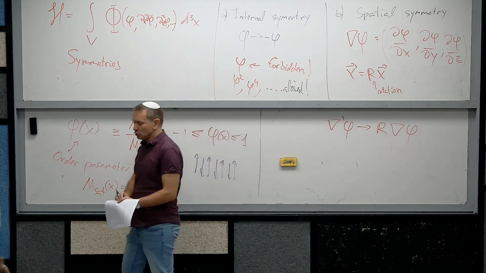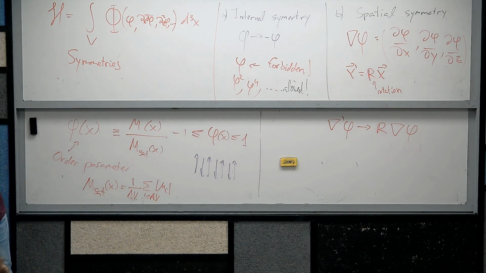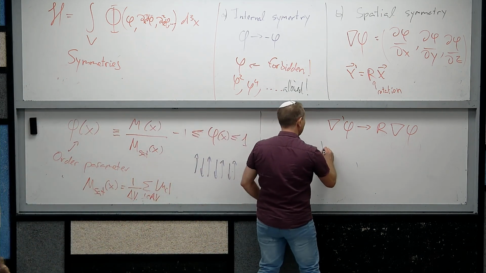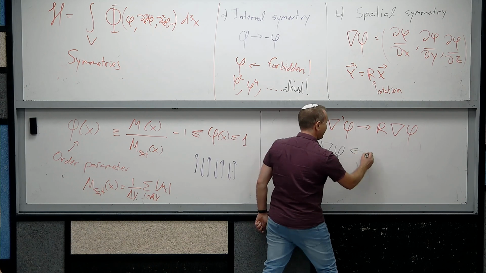So the rotational symmetry tells me you cannot have terms linear in grad phi. This is forbidden.